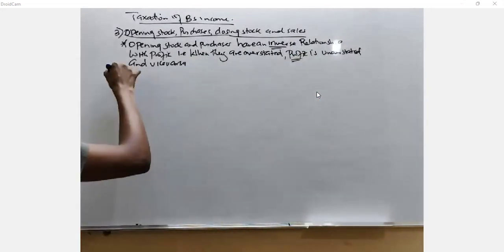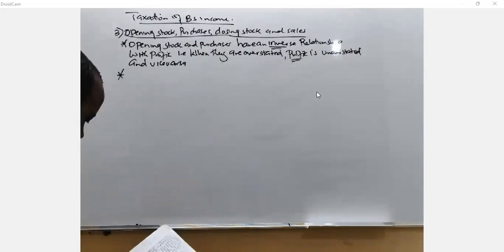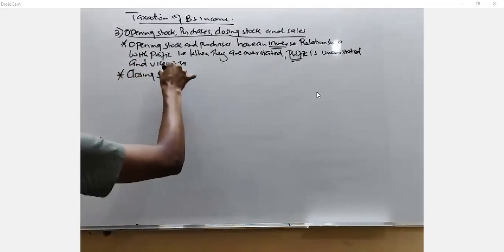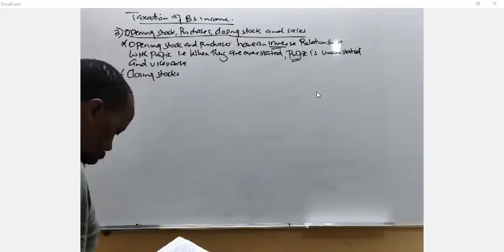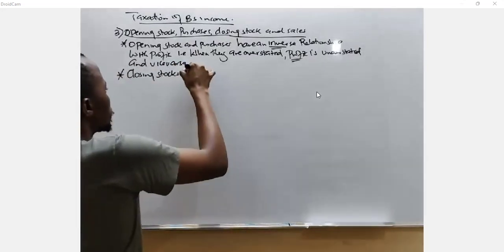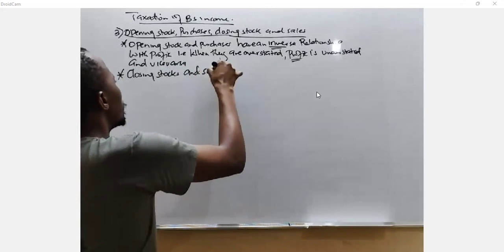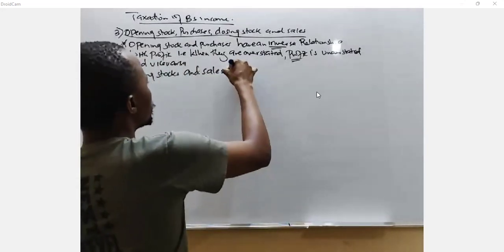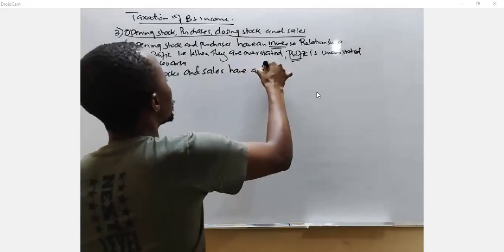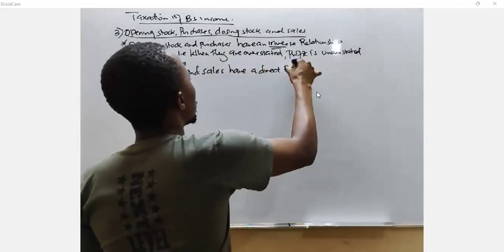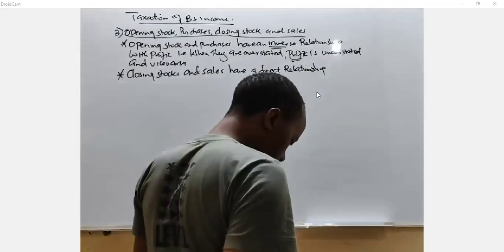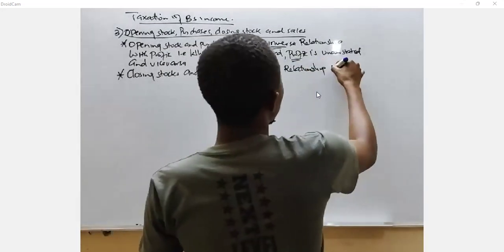Now, what happens to the other part of it? We normally have closing stock and sales. Closing stock and sales, we are saying they normally have a direct relationship with profits.